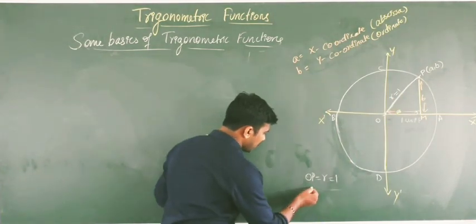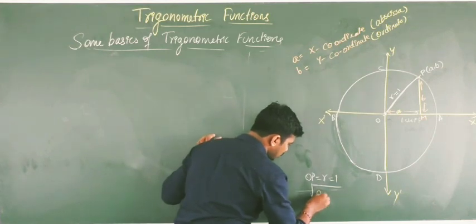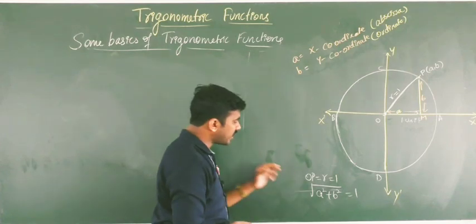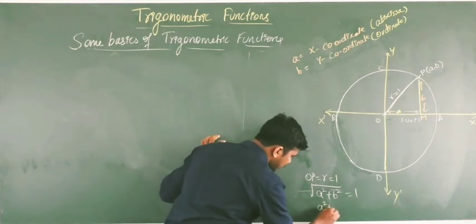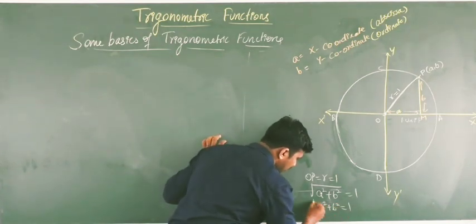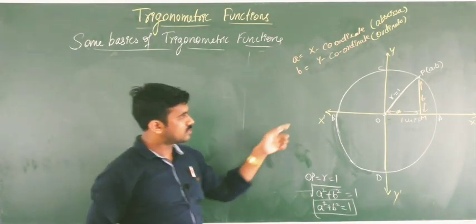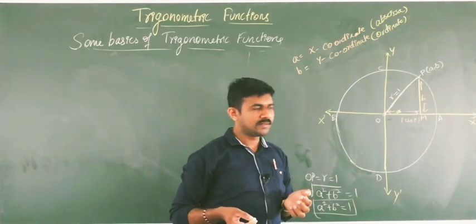So the square root of A square plus B square is equal to 1. By squaring on both sides we get A square plus B square is equal to 1. It's very important, remember this.